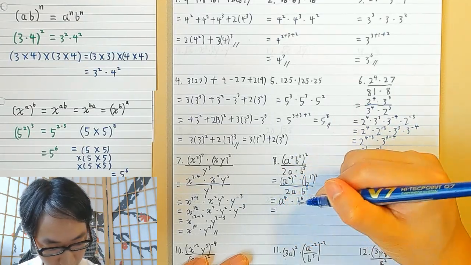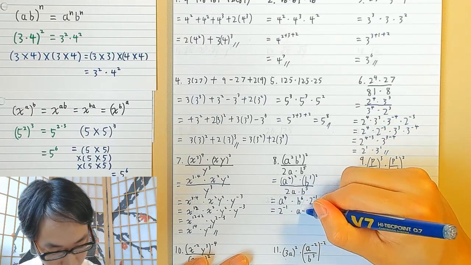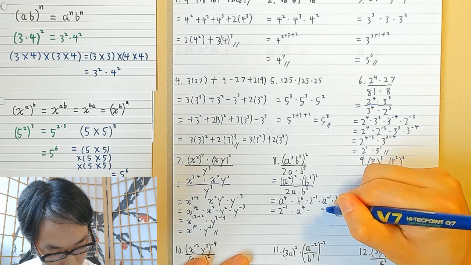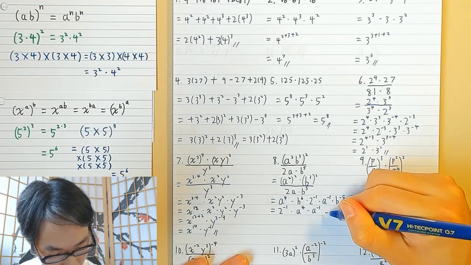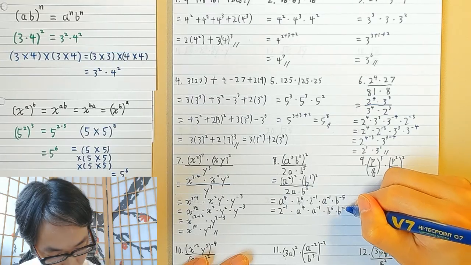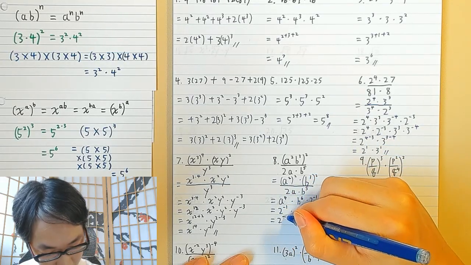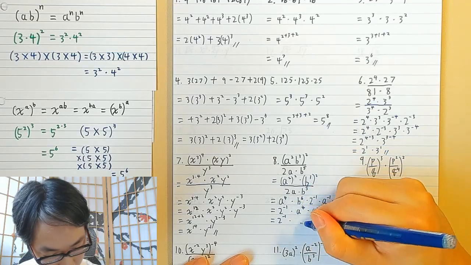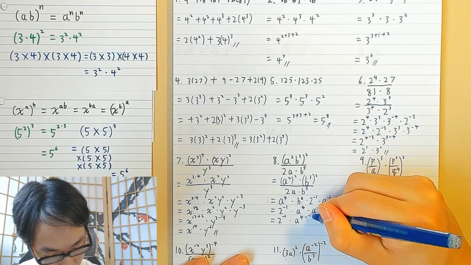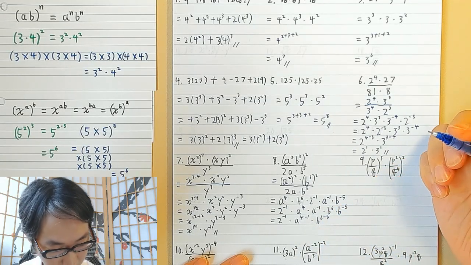So this will be 2 to the power of -1 times a to the power of 4 times a to the power of -1, rearranging b to the power of 6 times b to the power of -5. So this will be 2 to the power of -1 times a to the power of 4 minus 1 times b to the power of 6 minus 5.